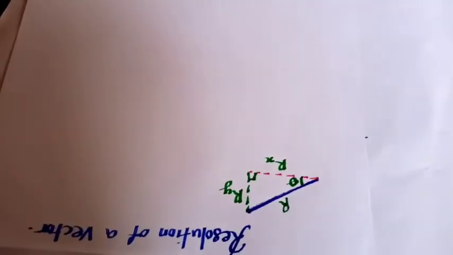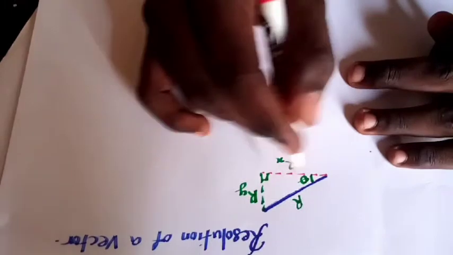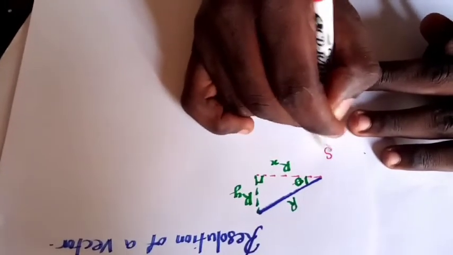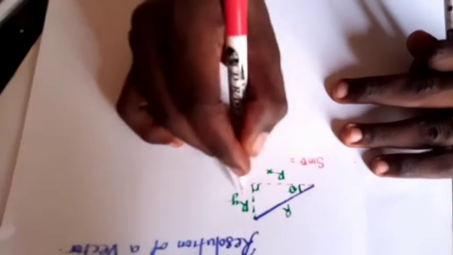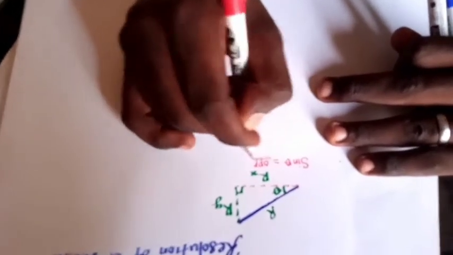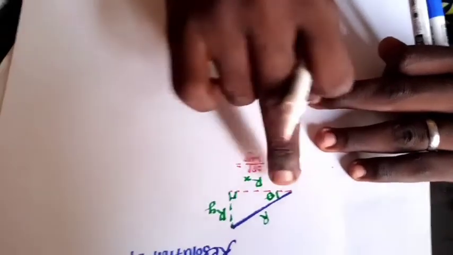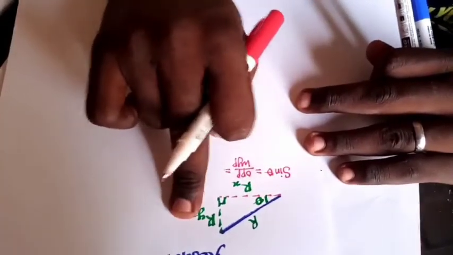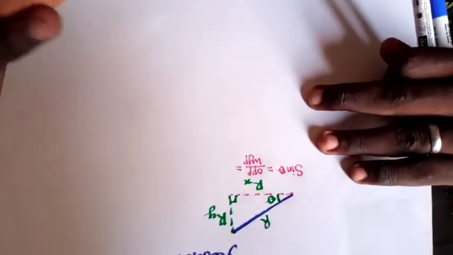By applying trigonometric ratio into this particular question, I will have that the sine of angle theta is equal to opposite over hypotenuse. Recall that anywhere the angle is facing is known as the opposite, and anywhere the angle 90 faces is known as the hypotenuse.